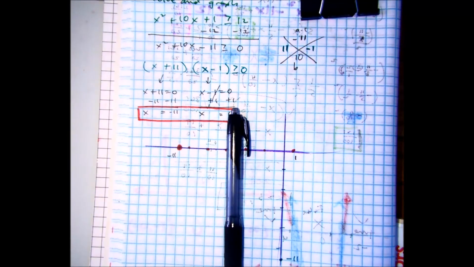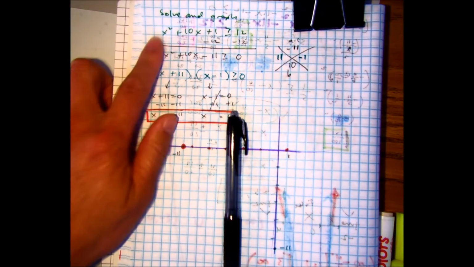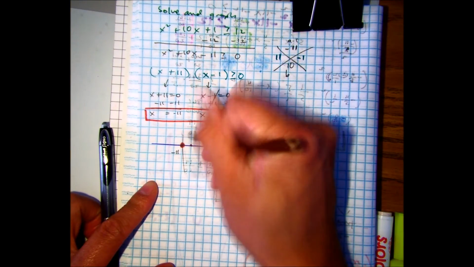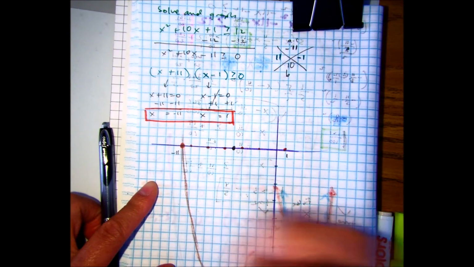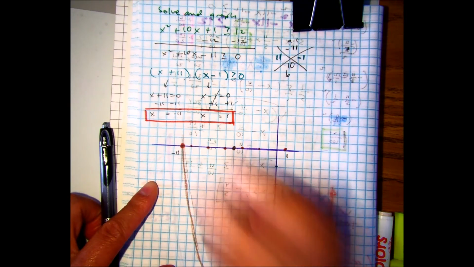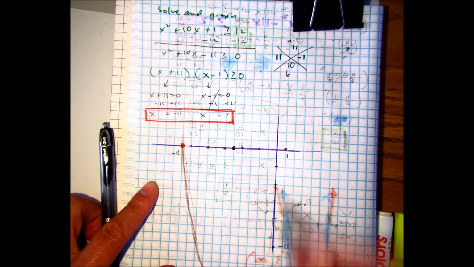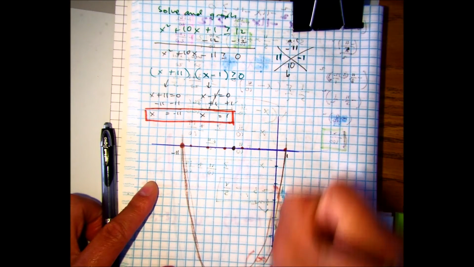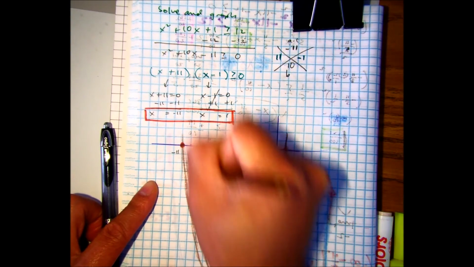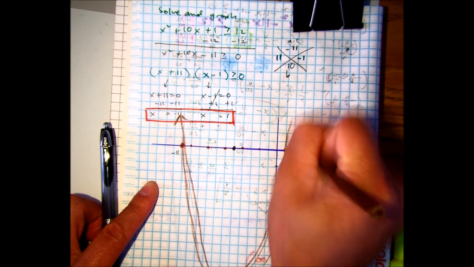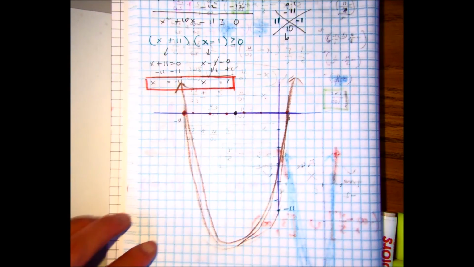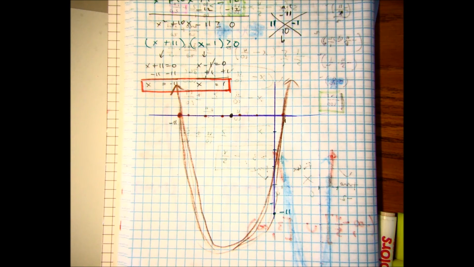So we know that the A value is equal to 1, so it's going to open up, and the graph's probably going to look something like this. This should be a U.